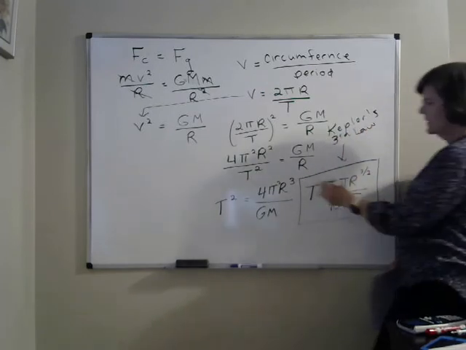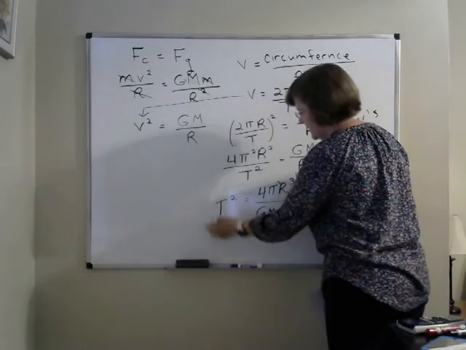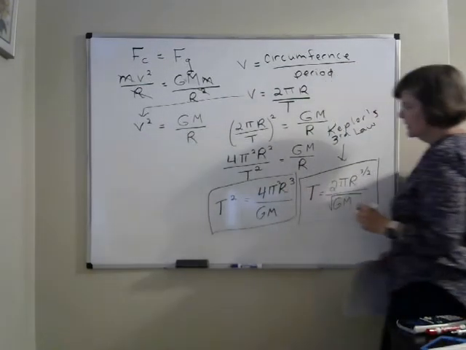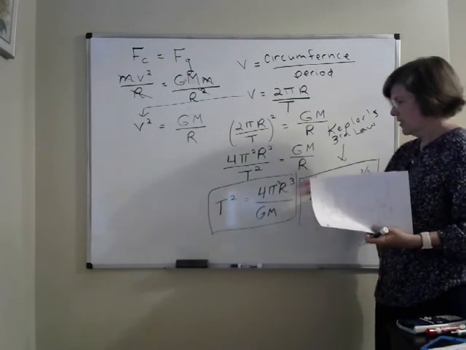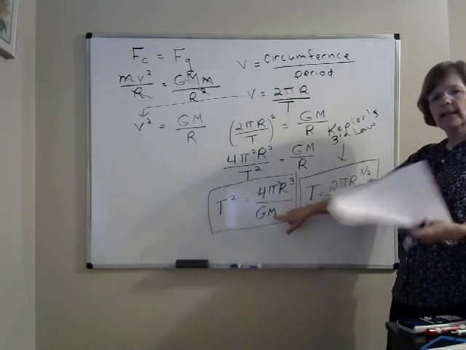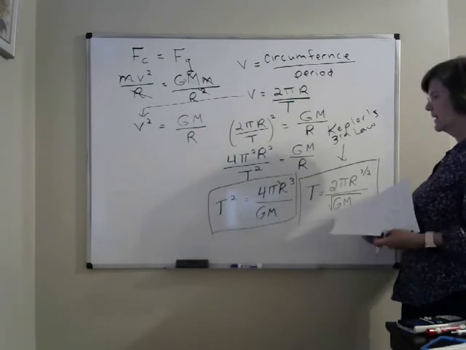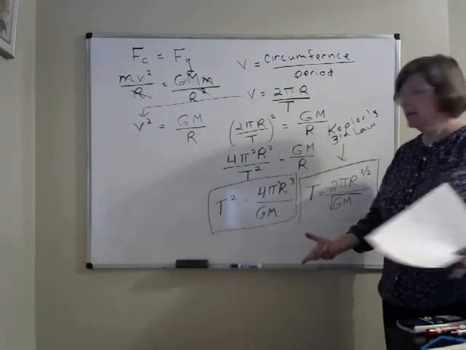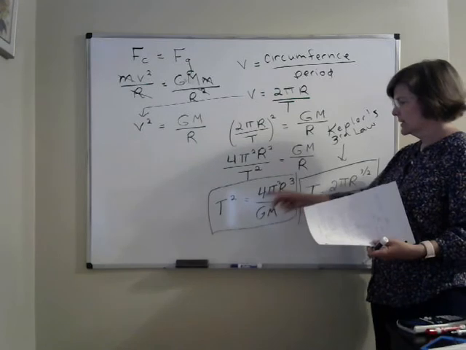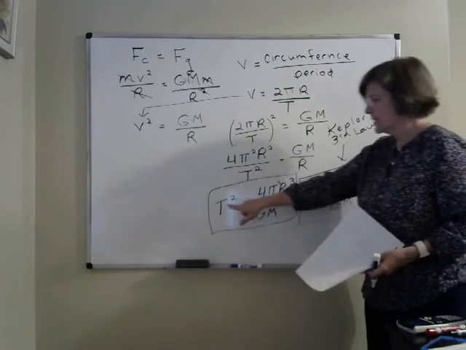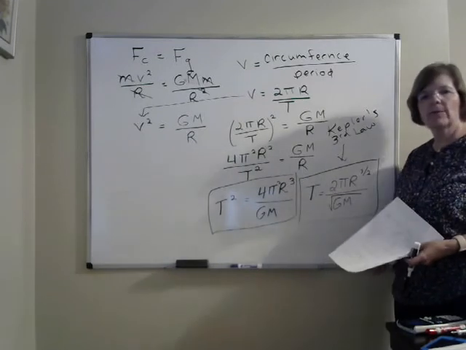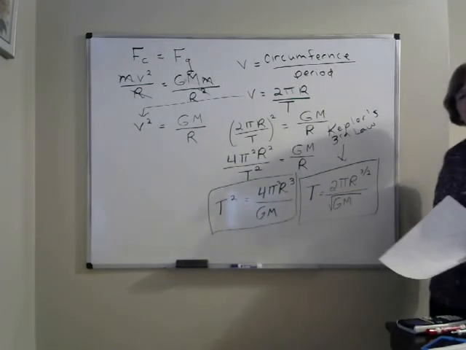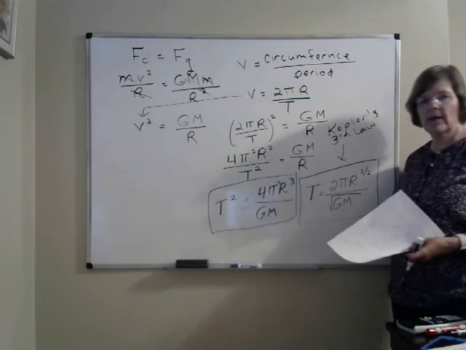Sometimes you see it written this way, sometimes you see it written this way. Notice that 4 is a constant, pi is a constant, G is a constant. The mass of the planet that you're orbiting is a constant. If we're thinking about orbits around the sun, then the mass of the sun would be a constant. And we see that the square of the period has to be directly proportional to the cube of the radius. Kepler figured that out not with universal gravitation.